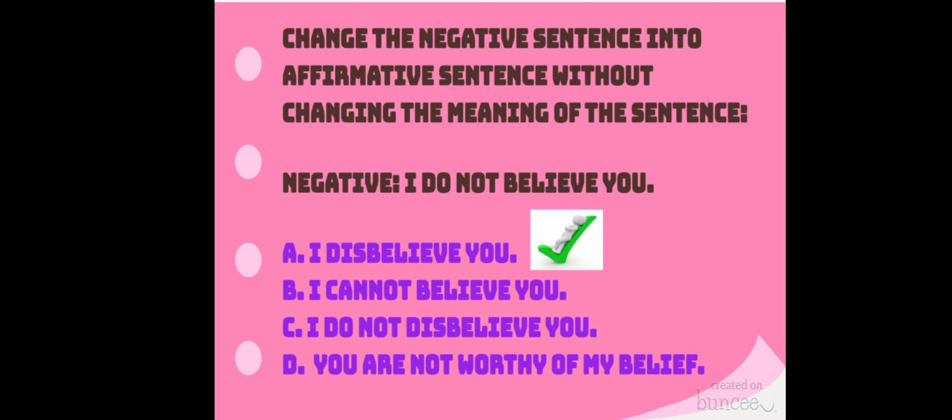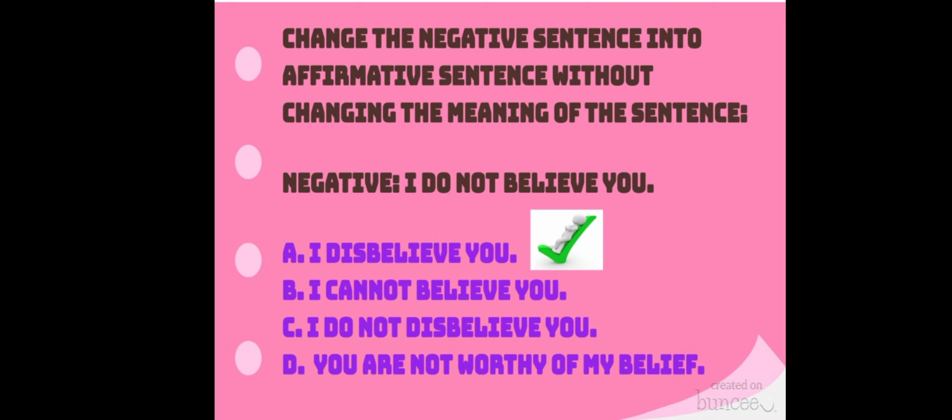Listen, students, while changing a negative sentence to an affirmative by removing the negative words, care must be taken to change the word into a word that is opposite in meaning. So first of all, if you are omitting do not, then you have to use the opposite word of the word believe.